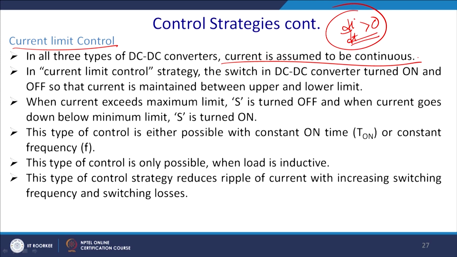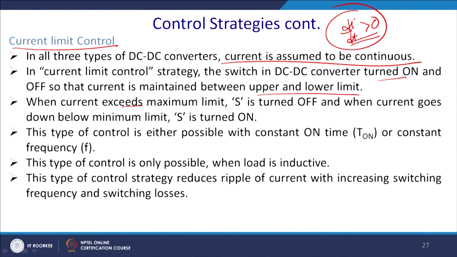In the current limit control strategy, the switch of the DC to DC converter, when it is turned on and turned off, maintains the current between an upper and a lower limit. When current exceeds the maximum limit, the switch will turn off, and when current goes below the minimum limit, it will turn on.